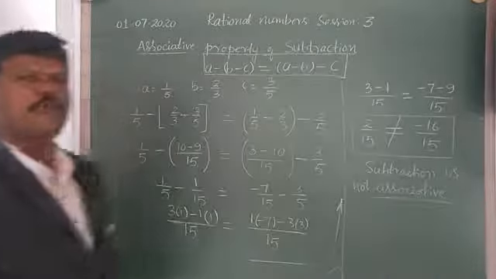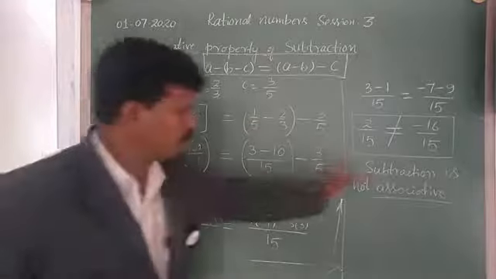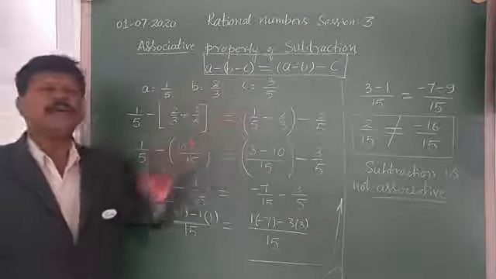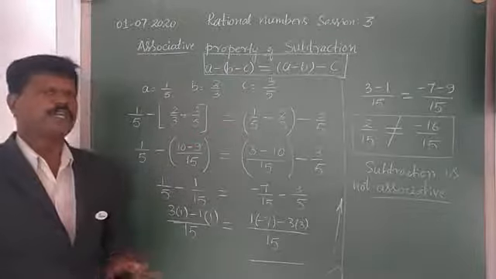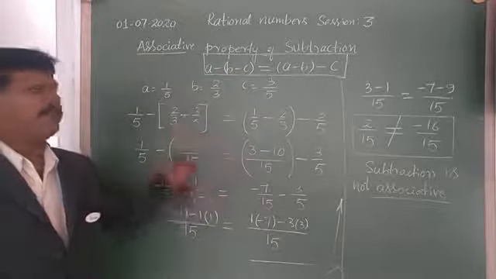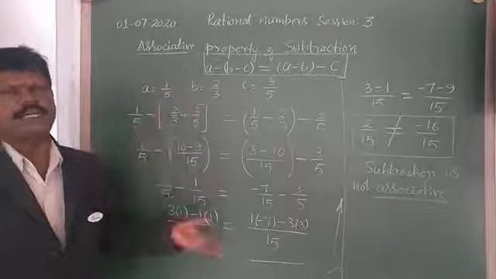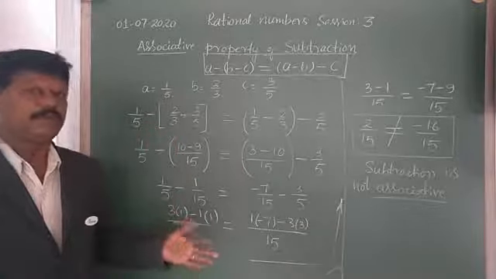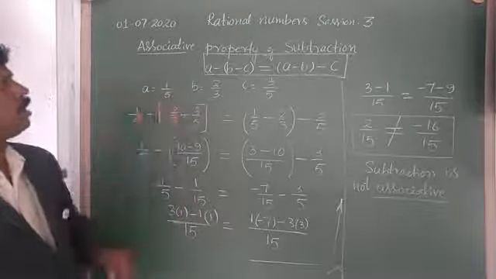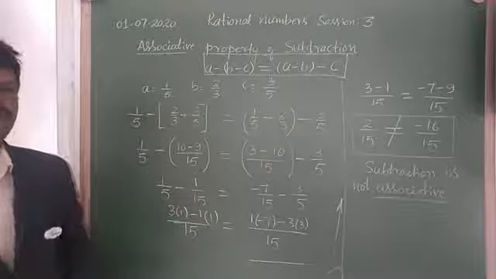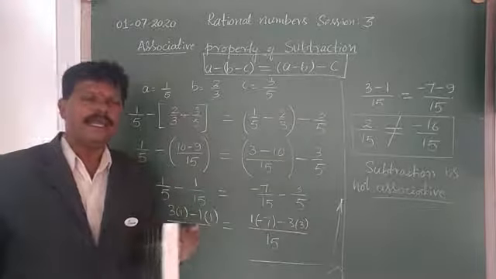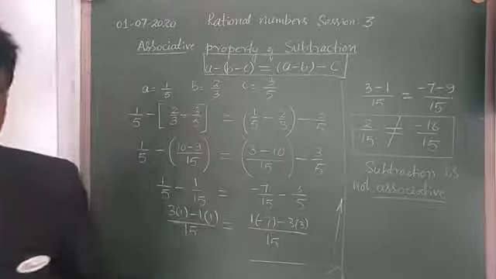So the associative property on the operation subtraction does not hold good for rational numbers. You take any examples, whether positive or negative, and check whether it is satisfied or not. Clear? So this is what it means: the associative property of subtraction does not hold good for rational numbers.